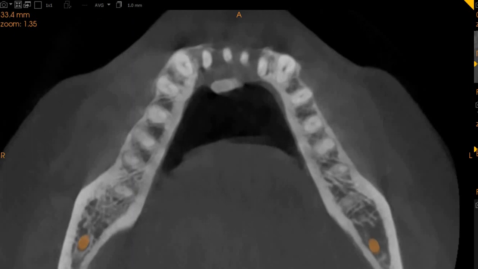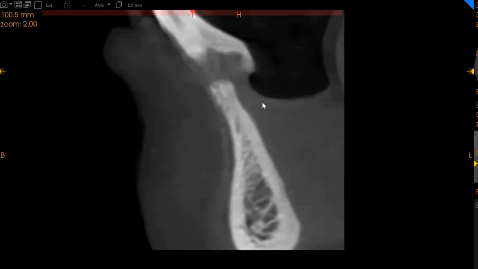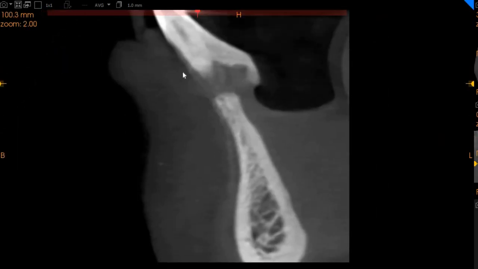So we will advise significant bone augmentation, because if you see on this image, there is no thickness in the cortical plate either. The cortical plate below the infected teeth is 3 millimeters only.